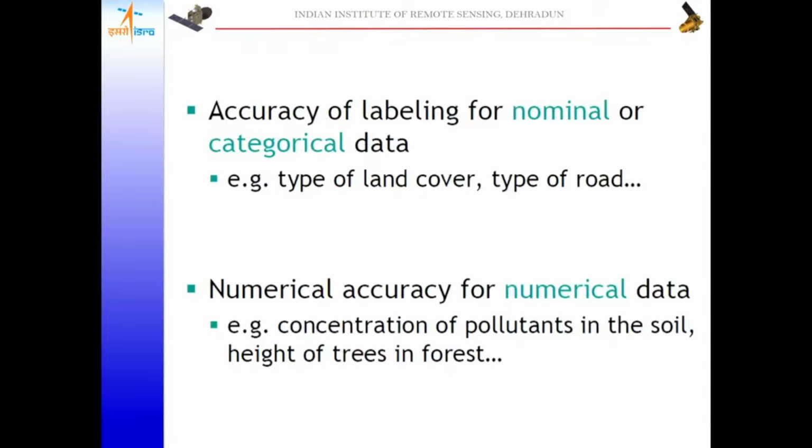Accuracy of labeling for nominal or categorical data is defined by type, like type of land cover or type of roads. And for the accuracy of numerical data, we always talk about the mean, bias, standard deviation, mode and precision. These are the things we discuss there.